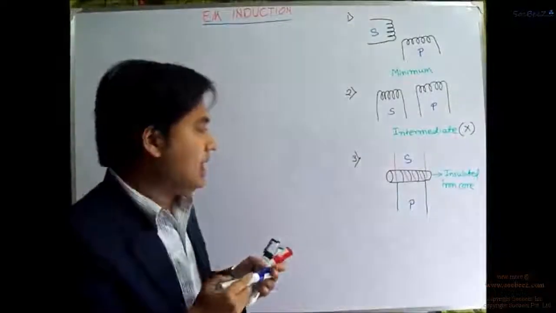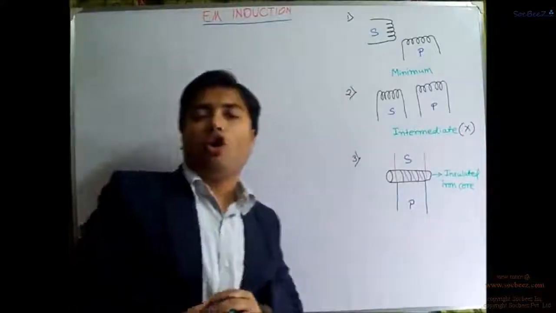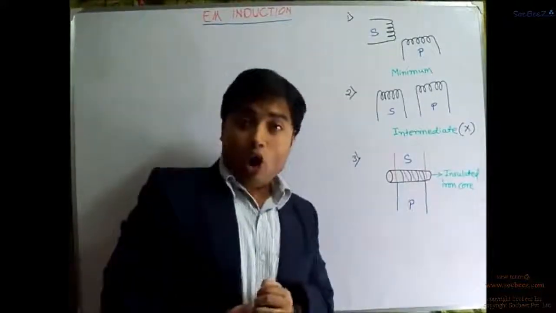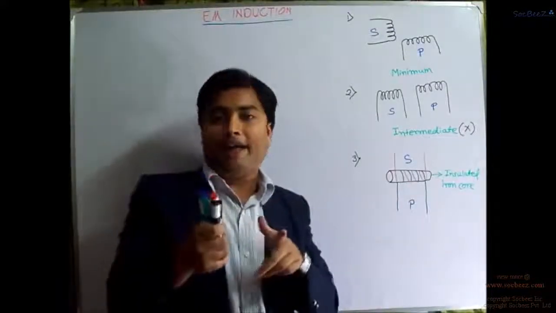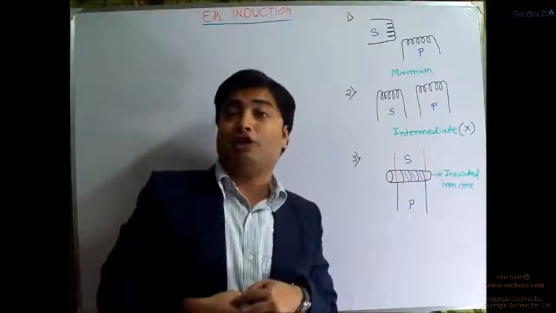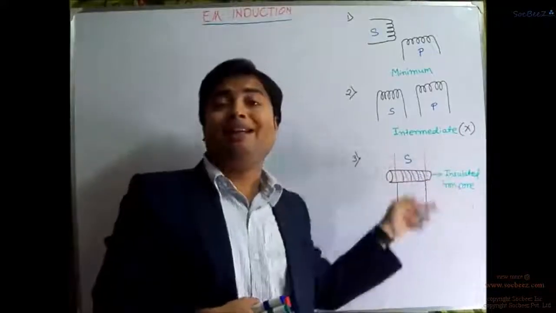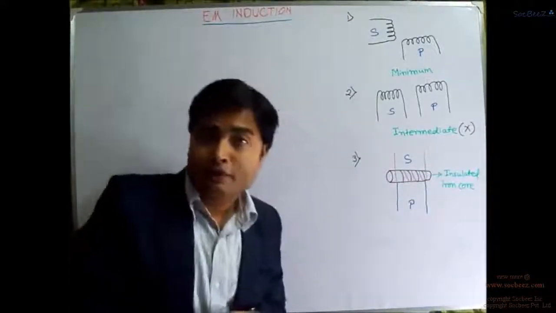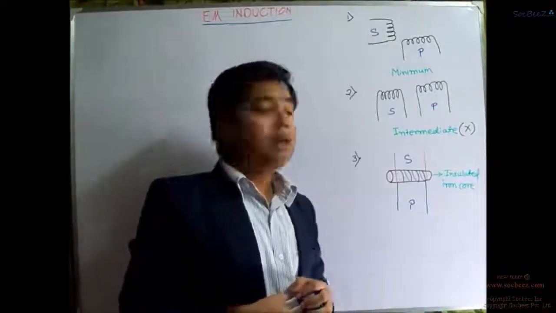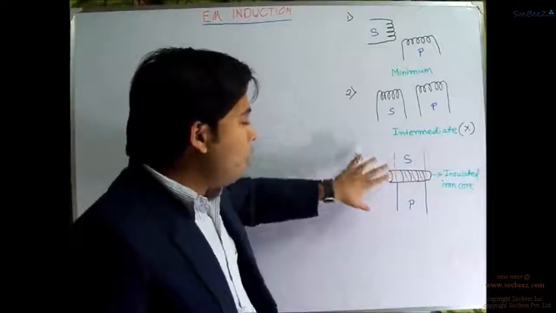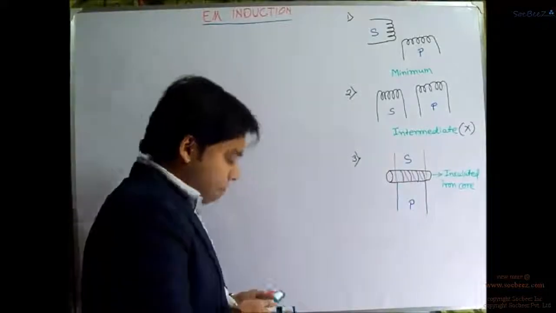Now we are saying that this is wound around an insulated iron core and not a simple iron core, because if it is not insulated, then eddy currents will occur here, as was discussed previously. So we need to laminate and insulate this iron core so as to avoid and minimize these eddy current effects. So over here the value will be mu times X, the intermediate.